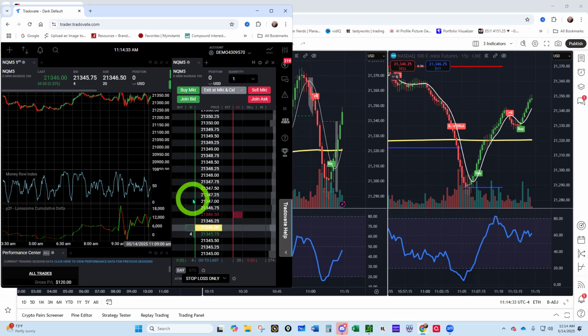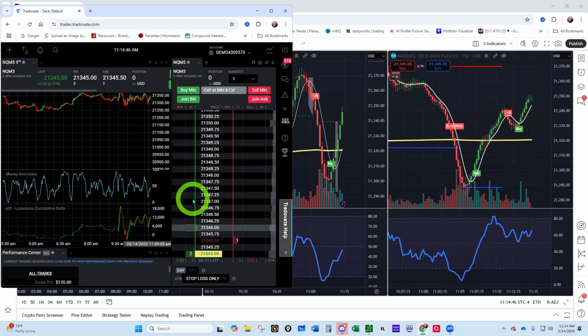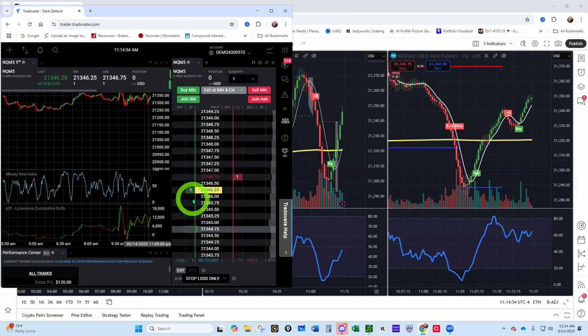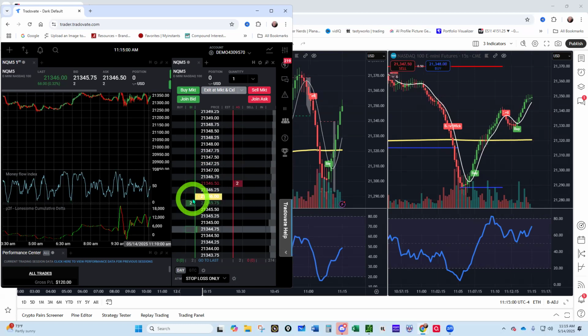I'm experimenting on the cues with this front running order entry thing. And it's interesting because you can tell how the market makers can see stuff. How so? Well, if you're looking at the price and I've got a stop buy order a nickel above it, you never really see it get to that price and I'm getting filled.